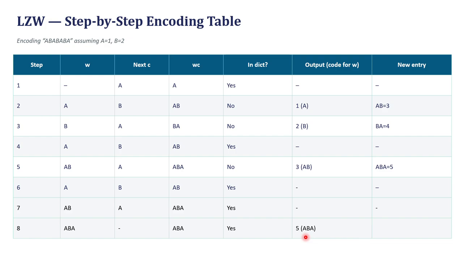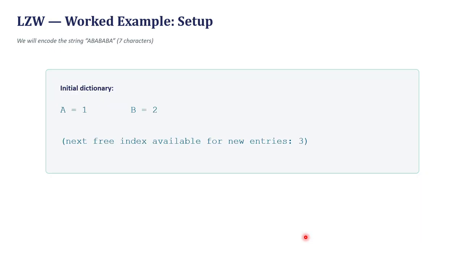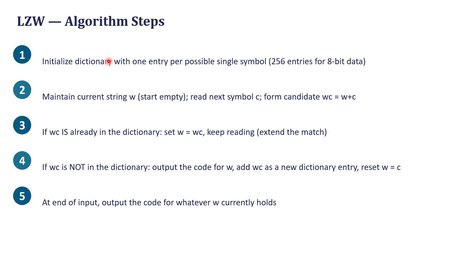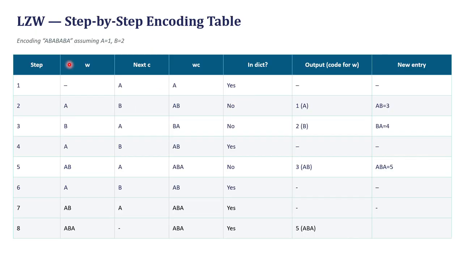So now coming to the algorithm of this. Initialize the dictionary with the single-character entries, and initially W will be empty. I read the next symbol C and form the candidate WC. Now there are two situations: either it is there in the dictionary or it is not.